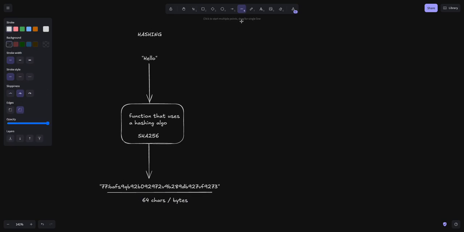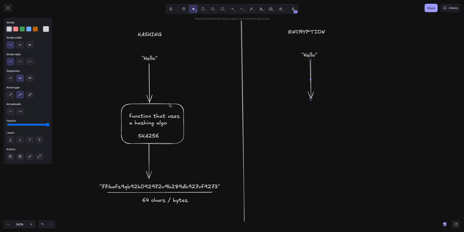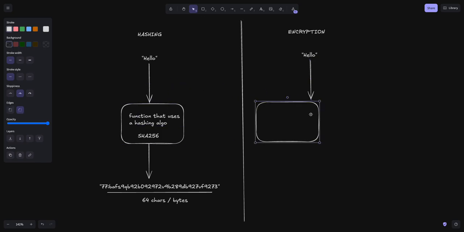On the other hand, now we will talk about what encryption is. Encryption says: give me a text, then pass it through a function.